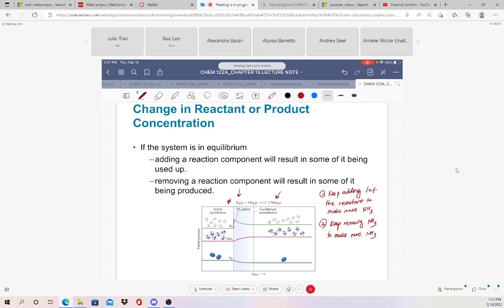Keep removing the product, keep removing the ammonia, and this will also push the reaction at equilibrium towards the product side. So these two things will both push the reaction to the right side.